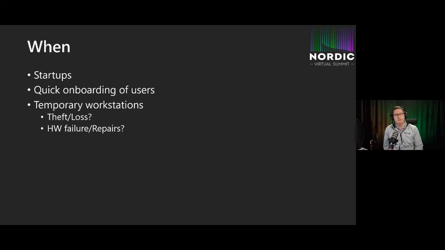Instead of having them sitting around twiddling their thumbs, waiting for a new laptop or for a repairman or something like that, assign them a Windows 365 license, and they could be back to working within an hour or even less. Like I said, most people today have a phone, tablet, or laptop lying around, so they can use that as a temporary workstation because all the workload is done in the Windows 365 Cloud PC.